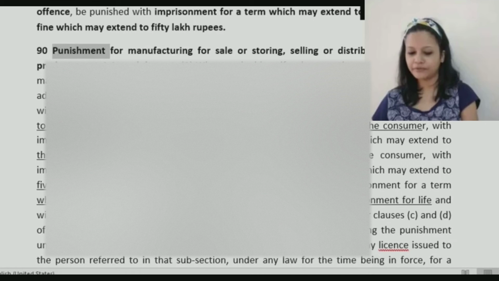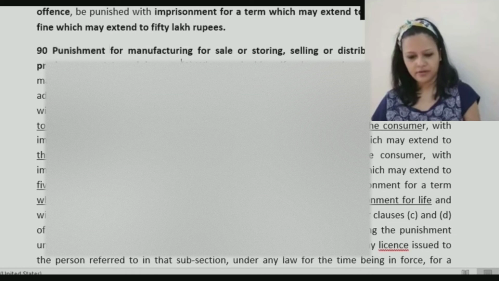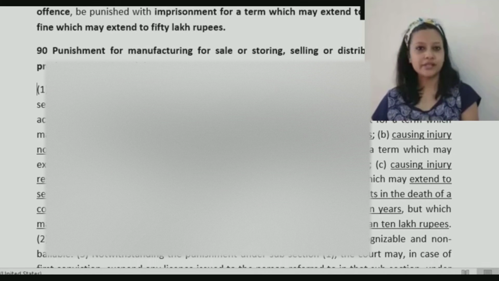Okay, so whoever has done any of these things, whether manufacturing, storing, selling, distributing, or importing, if that particular act of adulteration does not result in any injury to the customer, it did not cause any injury like liver dysfunction or something like that, but then the person came to know that yes, it was adulterated.